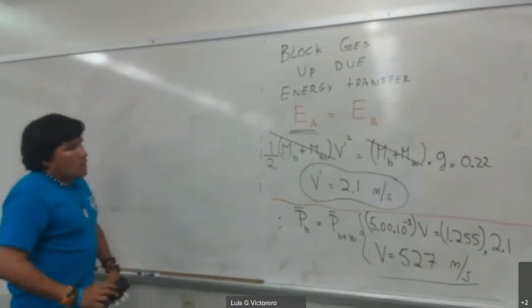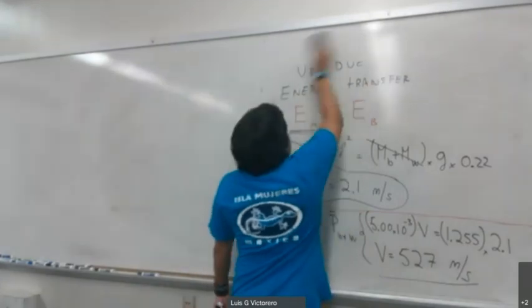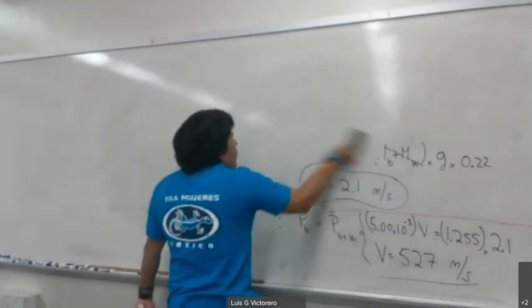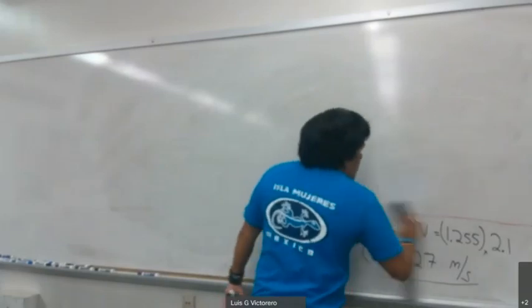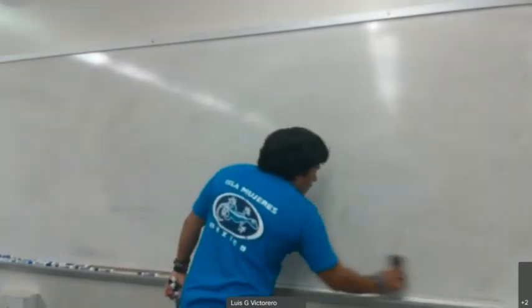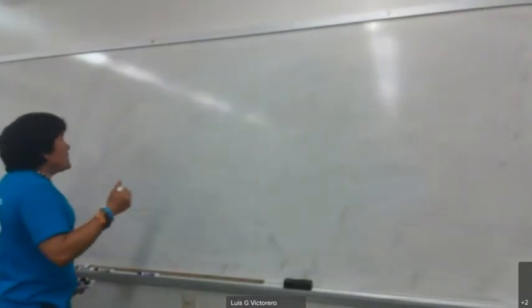I don't know if you're going to do that this semester, but it's very interesting to see where the energy goes, how the collision happens, and how momentum is conserved. So what is a ballistic pendulum?